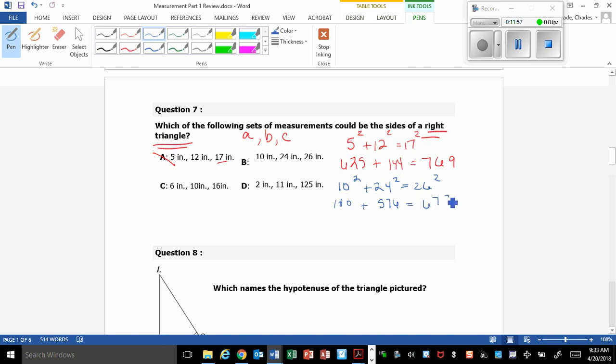If we take the square root, it should give us 26, and it does. So stop right there, look no further. That is our answer. Sometimes you have to go through all 4 of them to find your answer, but we know that 26 squared is 676, which is what those two equal. So it is a right triangle.